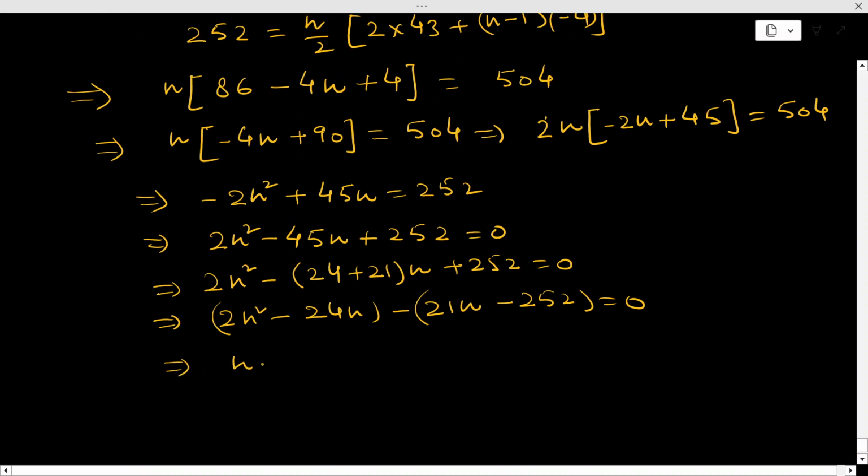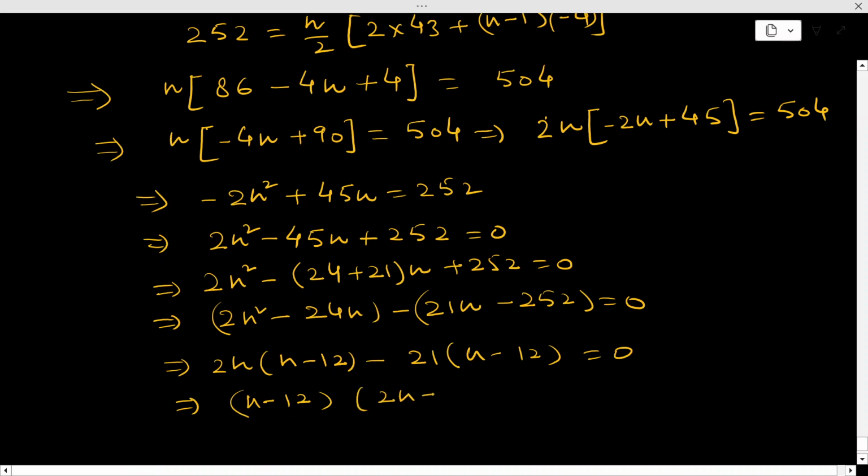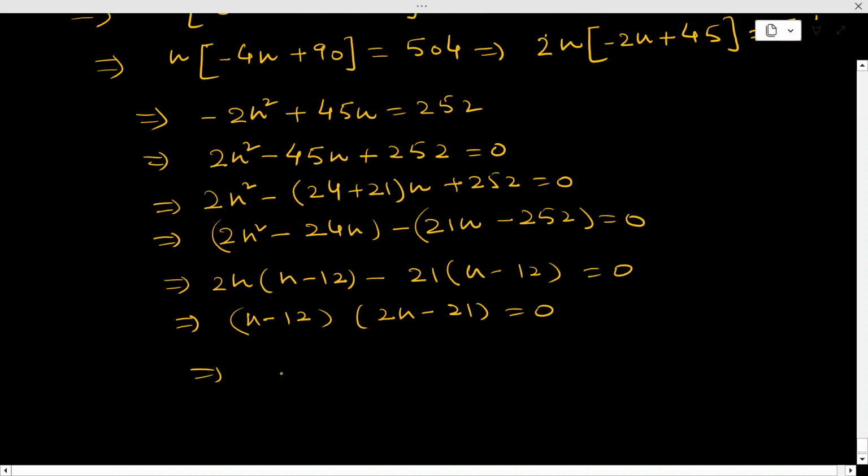So from here you can take this 2n common, so you are having n minus 12, and from your second bracket you are having 21 as common, so this is n minus 12, okay, is equal to 0. So you can write it as n minus 12 and 2n minus 21 is equal to 0, which gives you two values of n as 12 and 21 by 2.